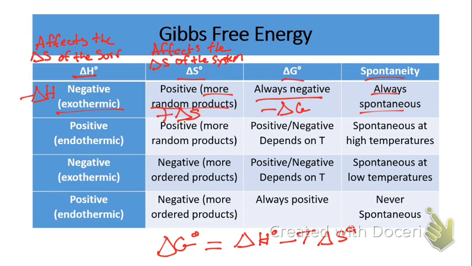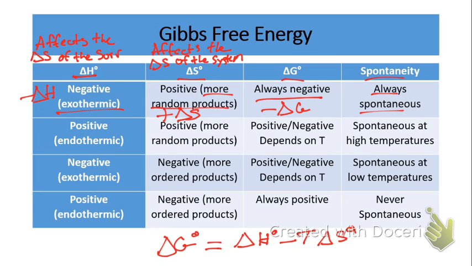So anytime we have an exothermic process and the system is increasing in entropy, delta G will always be negative and spontaneous. Therefore, we will have free energy available to do work.